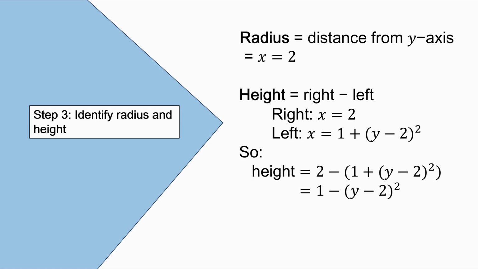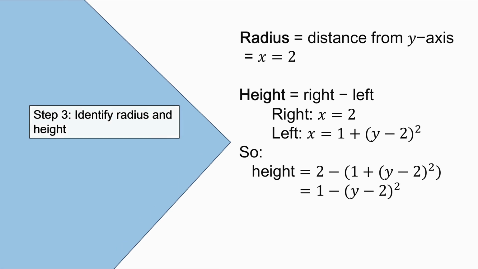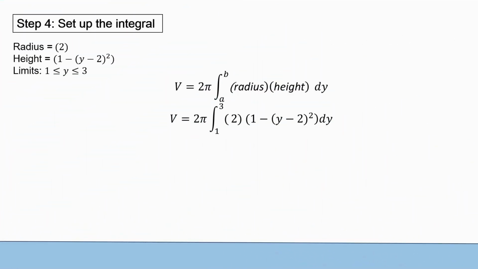For the right boundary, we have x equals 2 and the left boundary is x equals 1 plus y minus 2 squared. So the height becomes 2 minus 1 plus the square of y minus 2. Simplifying it, it becomes 1 minus the square of y minus 2. Now we set up the integral.